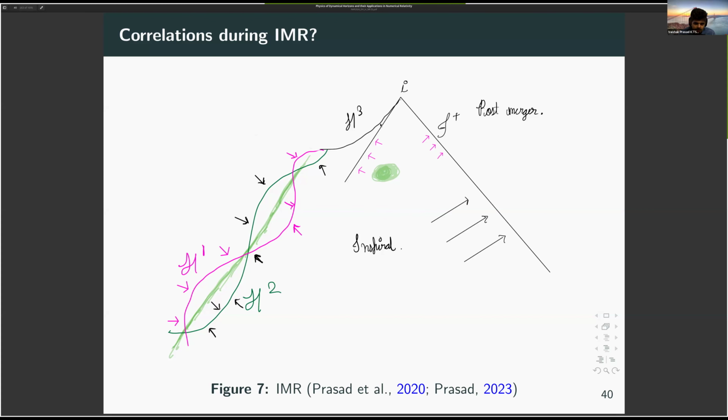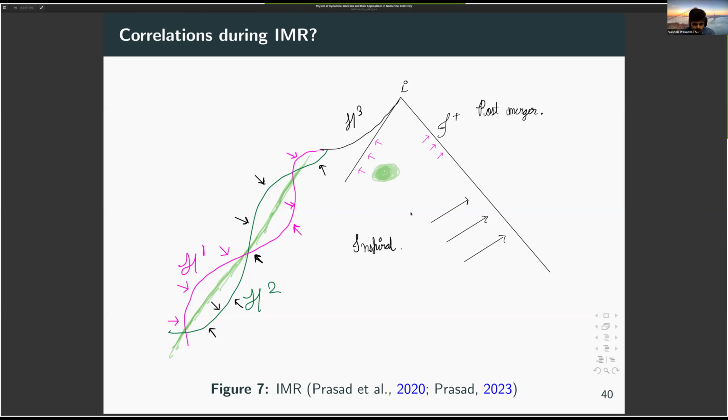The event horizon basically tells you the region of spacetime from which no light can escape to infinity. And you immediately see that dynamical horizons live inside event horizons, so they have no causal connection to what happens at infinity. So the question regarding correlation is very interesting, because this region cannot send signals to detectors here. So how do we even probe physics here? Some of the work that I've been doing in the past few years is to address this question.